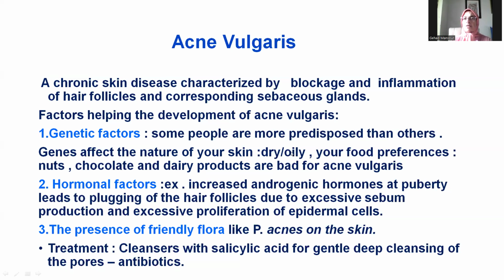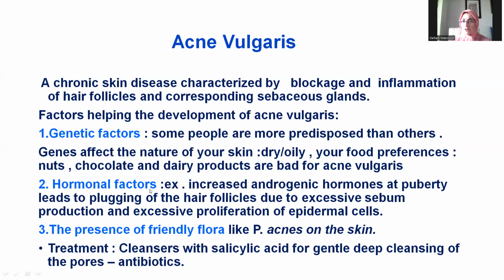Number one, the nature of the skin. Of course, if you have oily skin, this means that you have more sebaceous glands and that you are more liable to get acne vulgaris. If you eat nuts, chocolate, or dairy products, all these are factors that are bad for acne vulgaris and increase its severity.